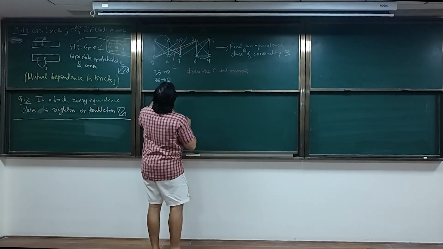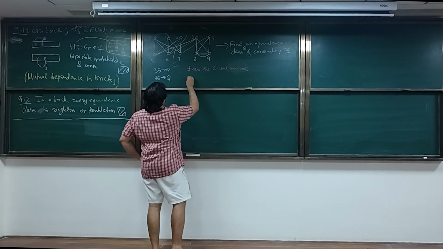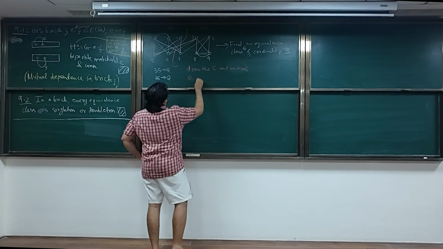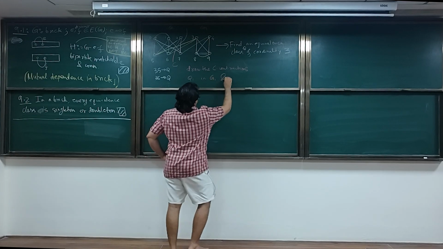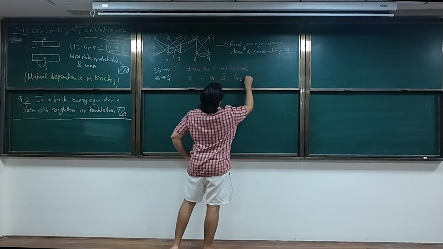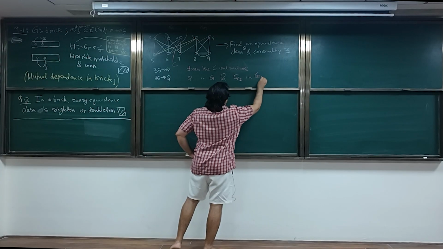Try to see what the restrictions Q1 and Q2 look like. Q1 in G1 and Q2 in G2.